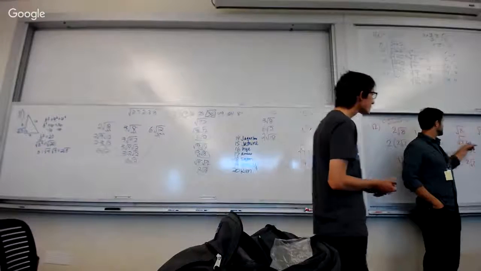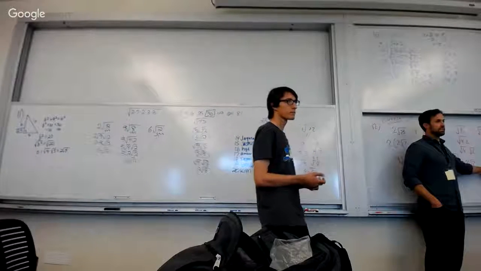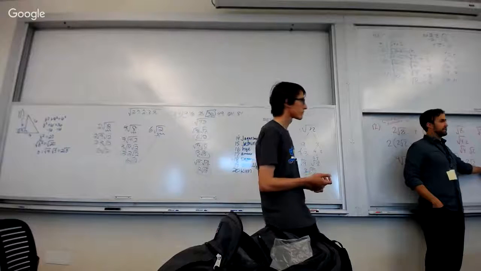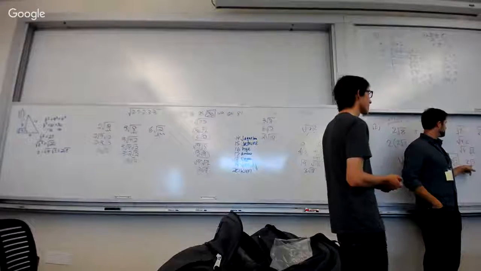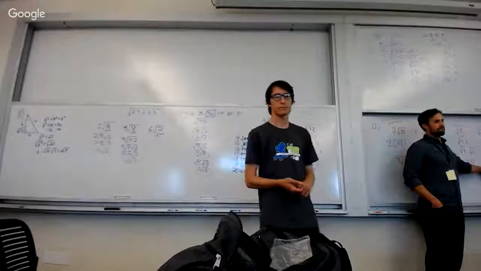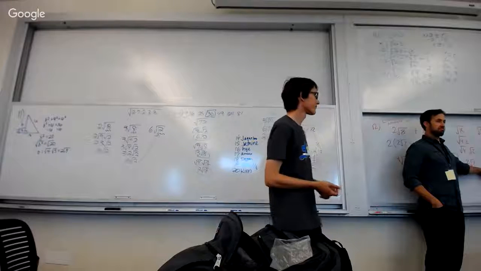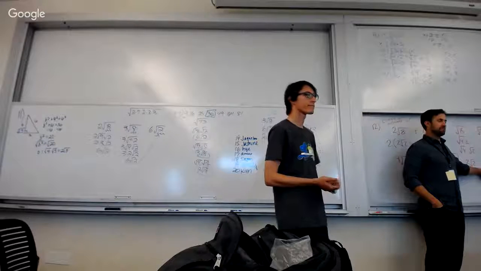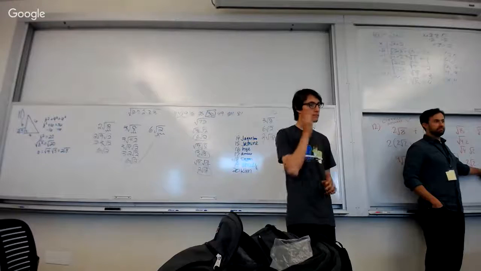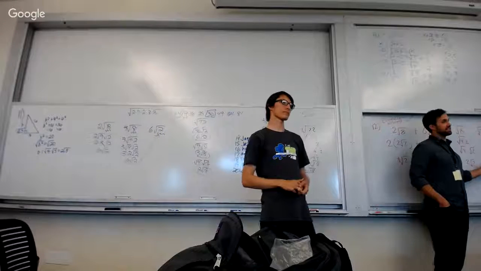You said 8 was 4 times 2, root 4 root 2, which is 2 root 2. But over here, I don't know how you got 6 root 2. I'm trying to figure out how he got that. Well, it doesn't say on the board. That's the thing. It doesn't show on the board how he got it.